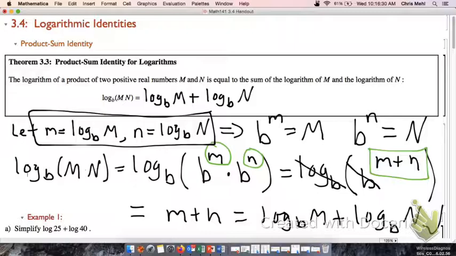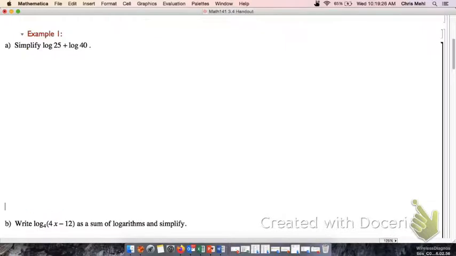When you multiply things of the same base, you add the exponents. And then I used an inverse property. If I do the exponential base b function followed by the log base b function, those are inverse operations and they undo each other, and I just got the exponent back.